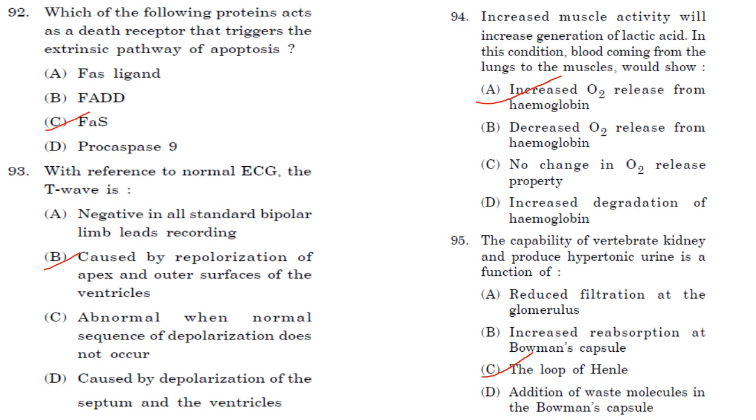In this condition, blood coming from the lungs to the muscles would show increased oxygen release from hemoglobin. Because you require more oxygen when increased muscle activity is there. So answer is option A.